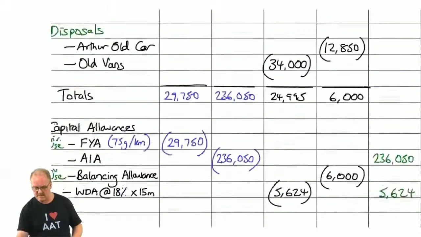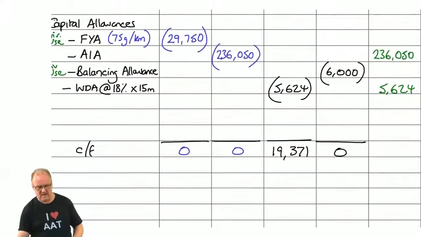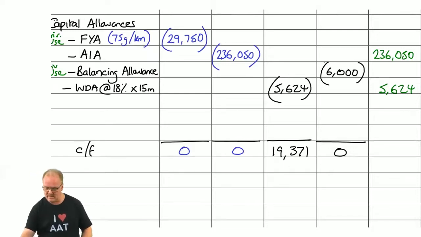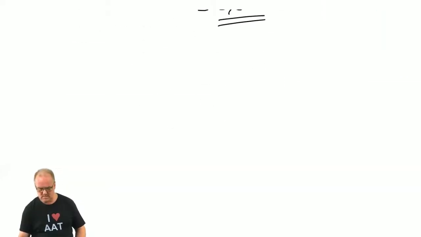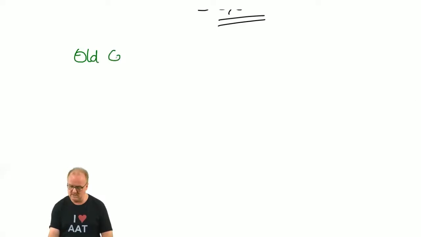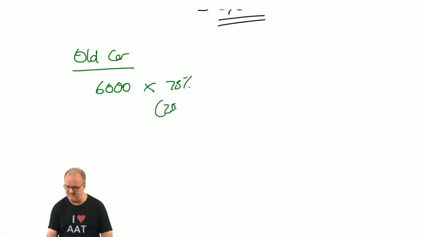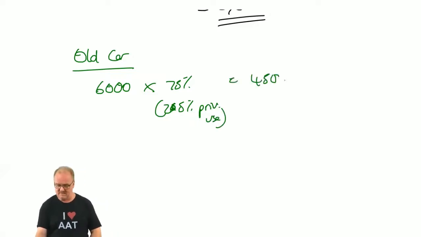So what we do is we take the old car of 6,000, that one there, so old car, you take your 6,000 allowance, multiply it by 75% because of 25% private use, and that gets you to 4,500.